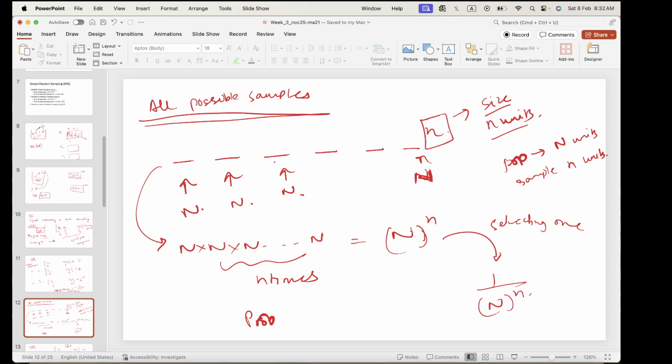So I have small n blank spaces to fill, and the same capital N units are competing for each space. So in total I would have N times N times N, small n times, that many possible samples.